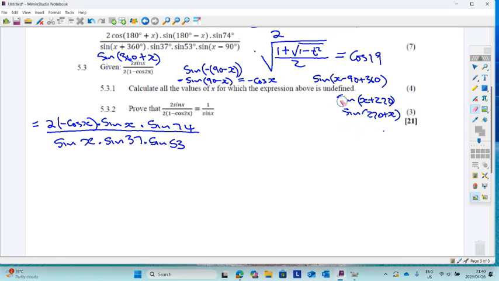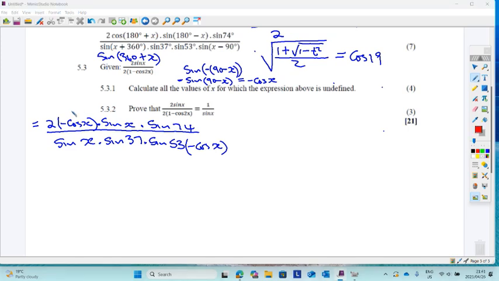Okay, let's clean this so that we can continue with our question. All right, so we are saying sine of (x minus 90), we saw that is negative cos x. All right, now we can get some things to cancel there. I'm going to use a different color: negative cos x and negative cos x, sine x and sine x.